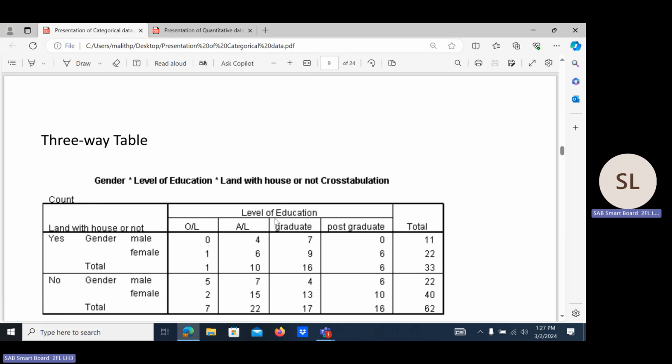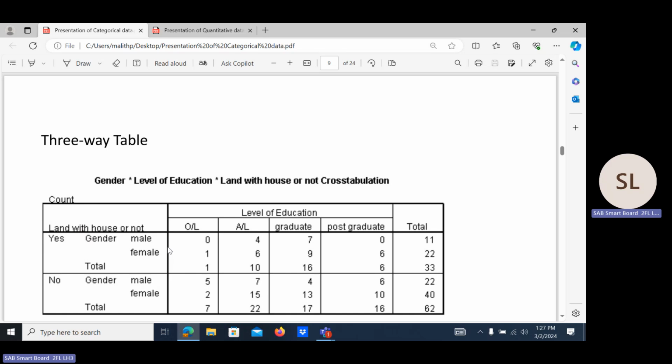Then move to this one. This value 7 represents the frequency value. How to interpret this number 7? Seven male graduates. Then is land with house yes or no? How to interpret?